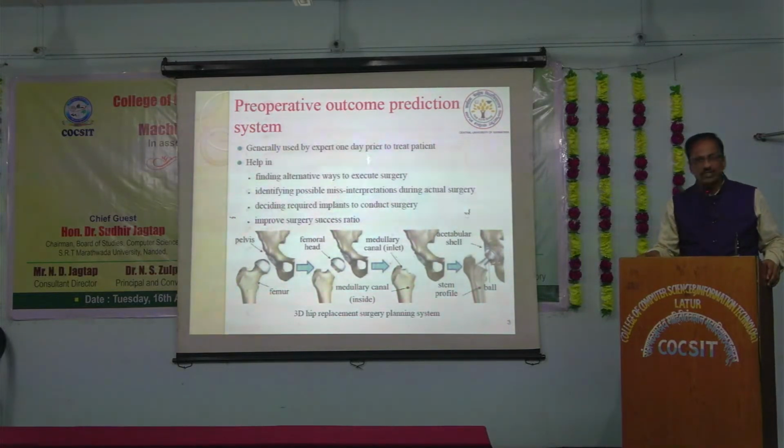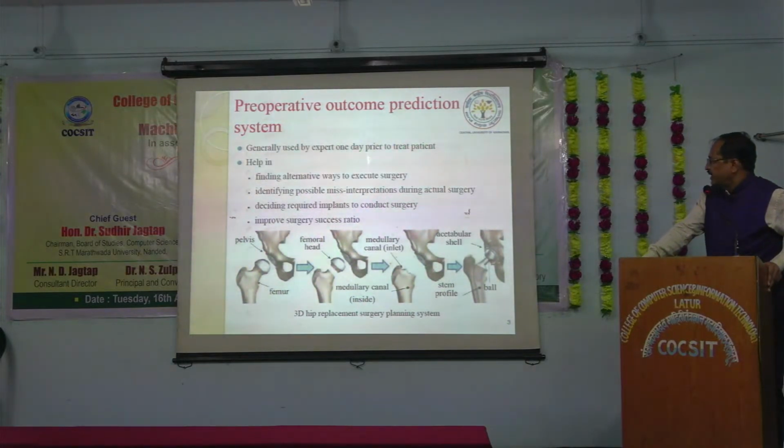They may think there is a crack or a bone breakage, but actually it may not be there. Some defective information may be in the X-ray, and our simulator will help with that. Then it helps in deciding the required implants to conduct the surgery.